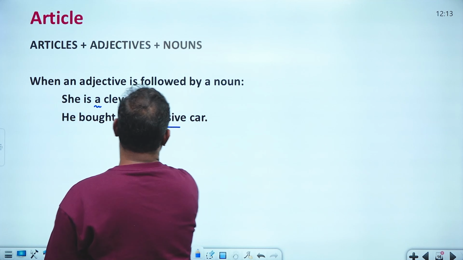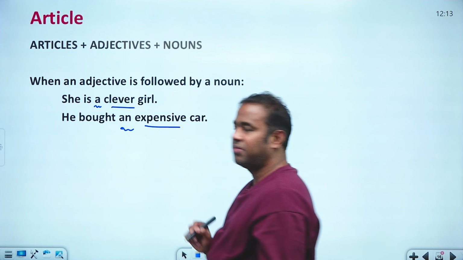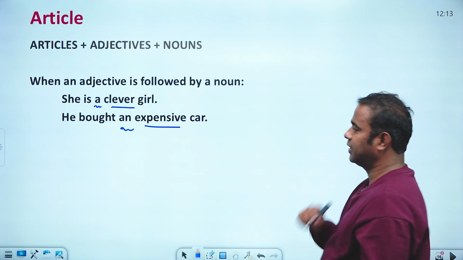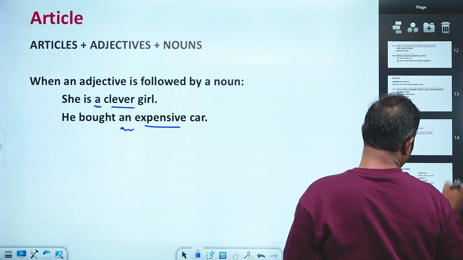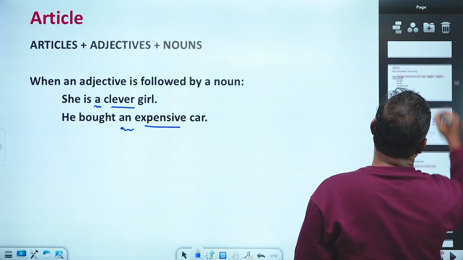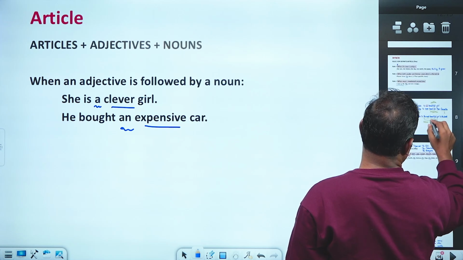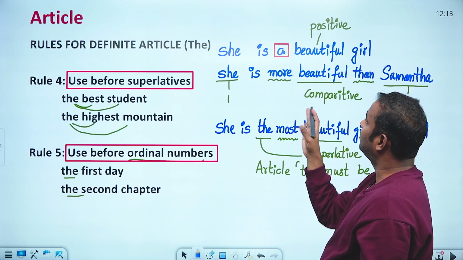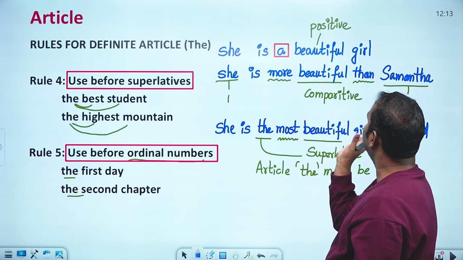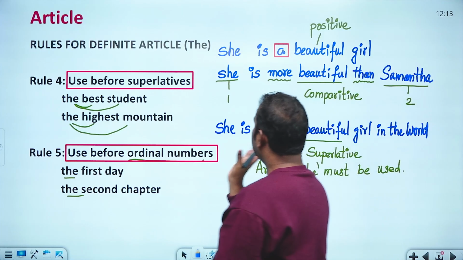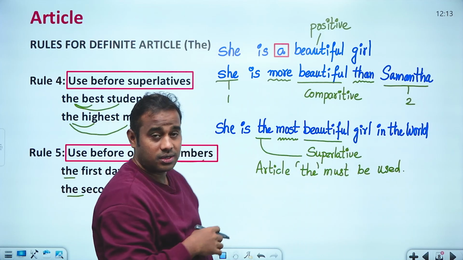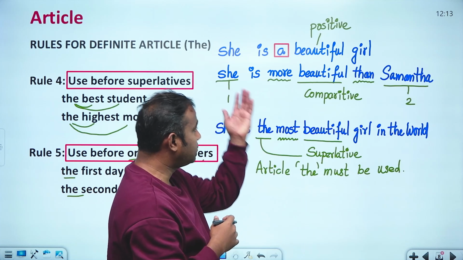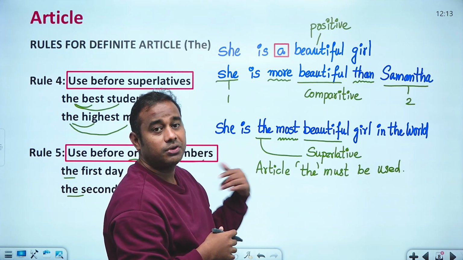Here it is an adjective, and before the adjective you are writing an article. But when you are using the comparative degree, look at this: she is a more beautiful. No, it's not. She is more beautiful than Samantha. So in a comparative degree, we don't use any articles. But in a positive degree and in a superlative degree, we use an article.